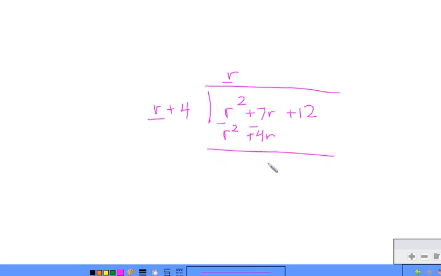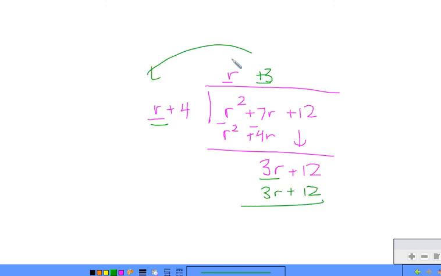Subtract away. So we have 3r plus 12. And then divide it out. r times what gives you 3r? Well, that's positive 3. So you have 3r plus 12 when we multiply this out. 0 and 0. So our answer is just r plus 3.